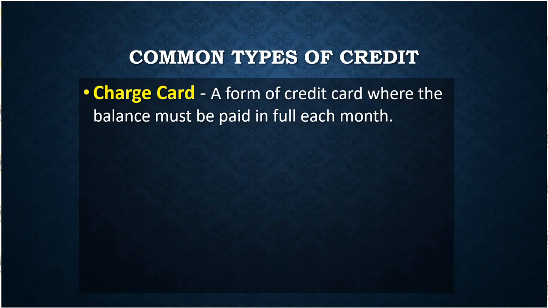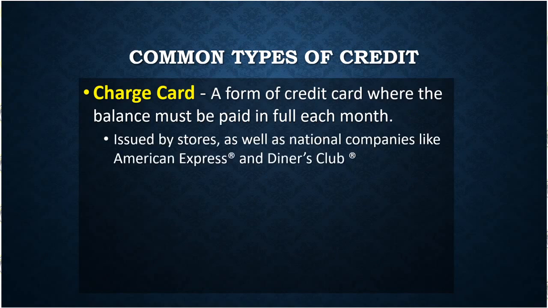I have to have a zero balance at the end of every month. With a revolving credit or a credit card account, I could pay a minimum amount and still be in good standing and still use the credit card. And they're just going to charge me interest or a finance charge because I didn't pay off the balance. But with a charge card, the agreement says it has to be paid off at the end of each month.